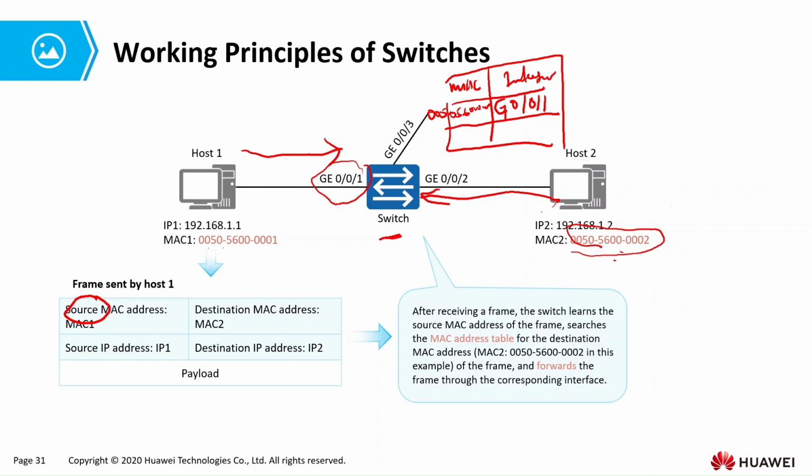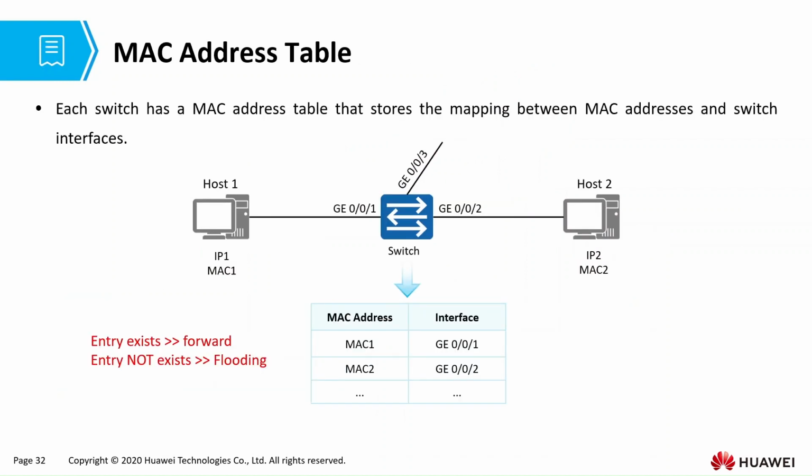This one is under the same pattern, but it's 002, so I learn it under interface G002. This is how the MAC address table is generated. When I receive a packet or frame, normally I will check my MAC address table.